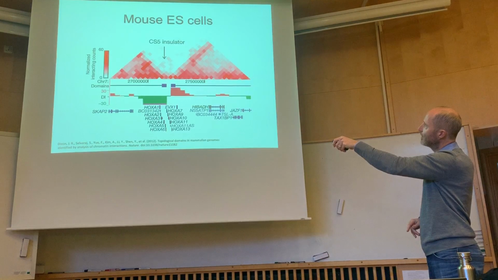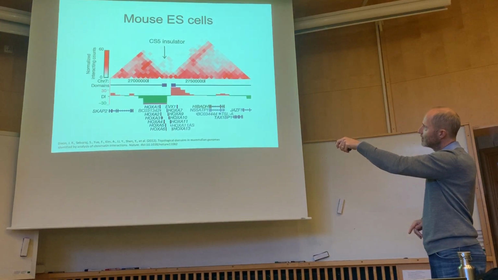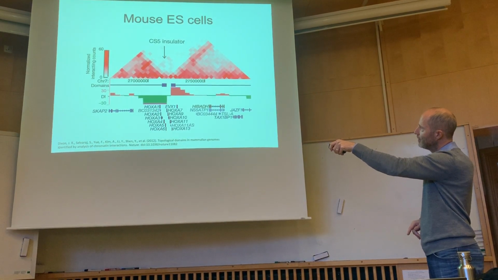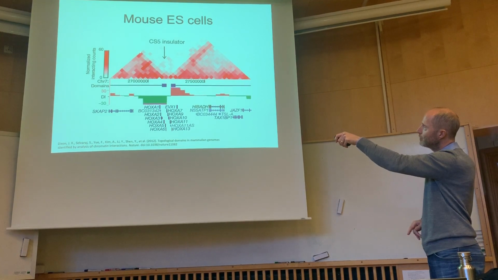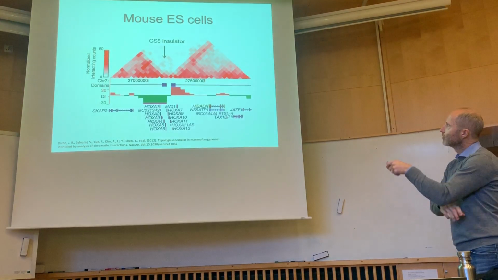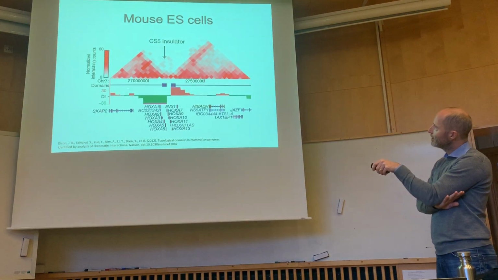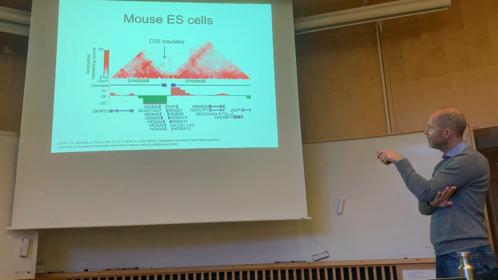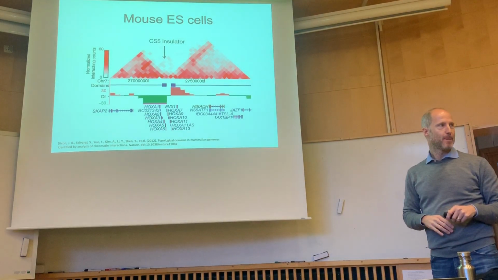If it is dark red here, it means that for this part and this part, you have found a lot of reads which had both ends there, basically. And what is also very interesting is that it's very typical to find these kind of pyramids.